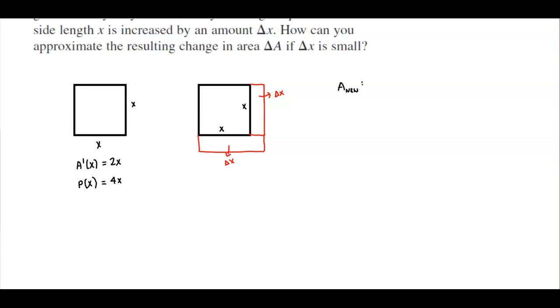So the area of the new: we take x and then add, so this entire side that we added is going to be x plus the change in x. And the same thing over here, this is x plus the change in x. So to find the area of the new, we multiply both of those, so it's x plus the change in x, squared. And the area of the old is equal to x squared.